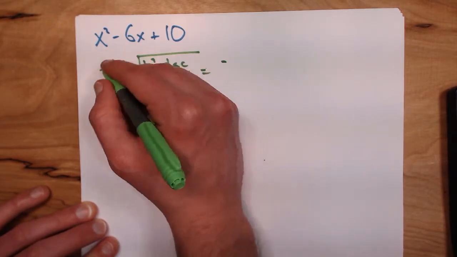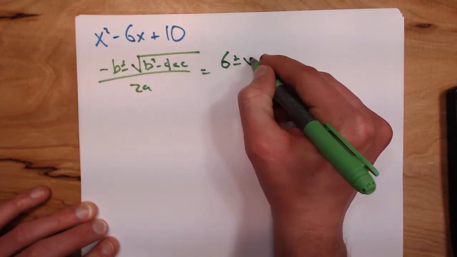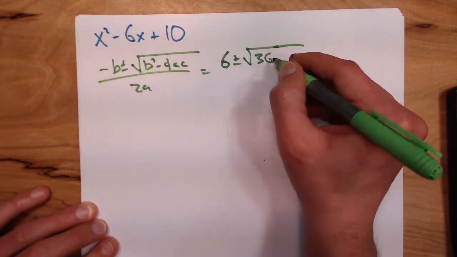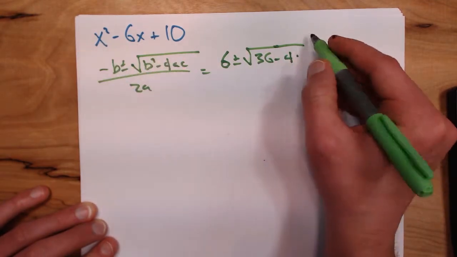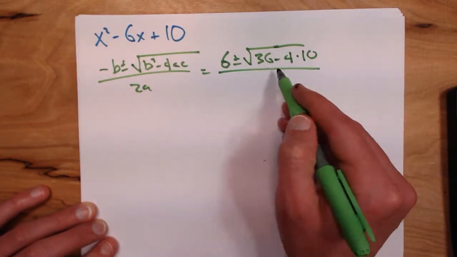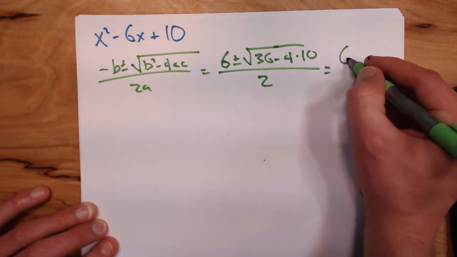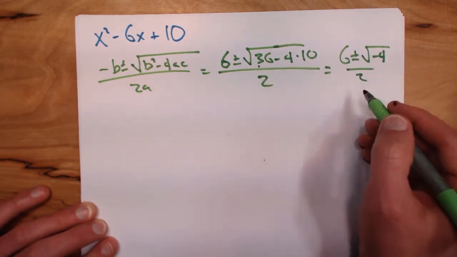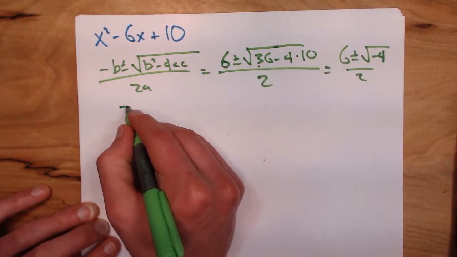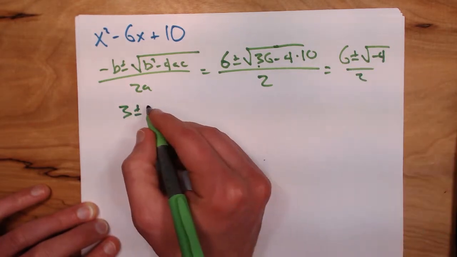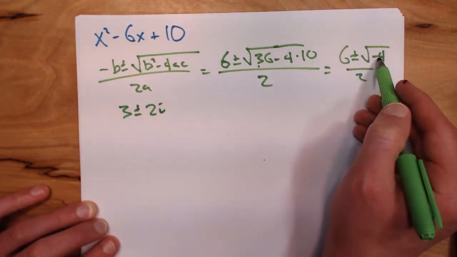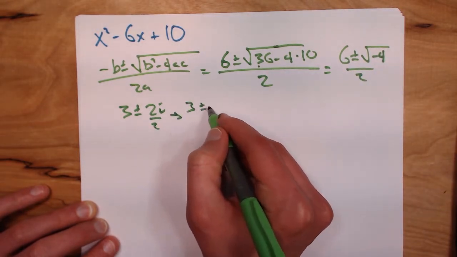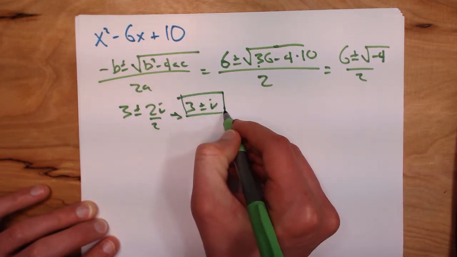So negative 6 is just positive 6, plus or minus square root of 6 squared is 36, minus 4, a is 1, I'm going to leave it out, times c, which is 10, over 2, and that equals 6 plus or minus root negative 4, 36 minus 40, negative 4, over 2. I'm going to go ahead and simplify. 3 plus or minus, this is actually 2i, because the square root of 4 is 2, square root of negative 1 is i, and 2i over 2, so this is 3 plus or minus i. Okay, there we go. So we have 2 roots.